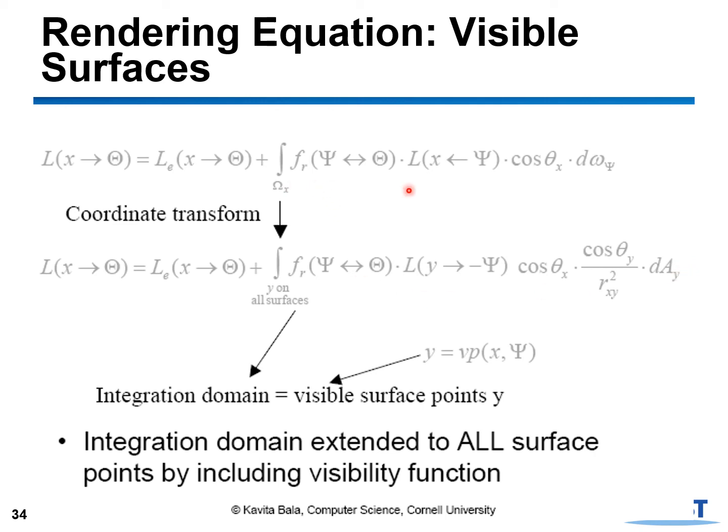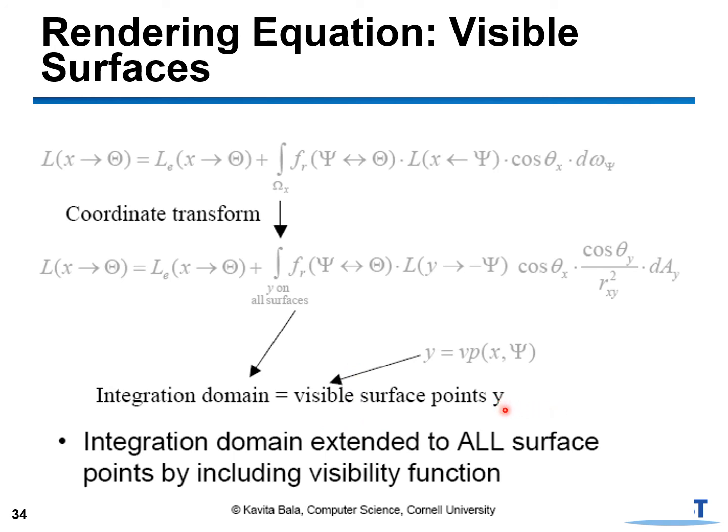So the BRDF is the same thing, but we changed the incoming radiance to L from y in the direction of minus psi. The radiance value from y in the direction of minus psi. Y is actually a visible point, and then we changed the solid angle into this area formulation, and basically the integration domain is the visible surface point.